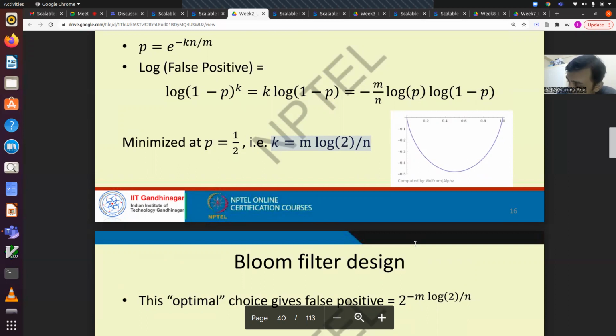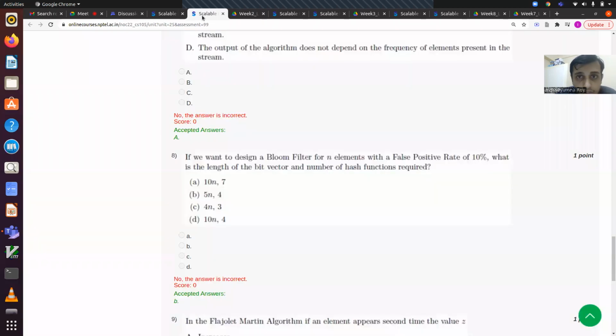We have m, which is 5n. What is 5n? Length of a bit vector. Length of a bit vector is 5n. Then this is n into log 2 by n, 4.